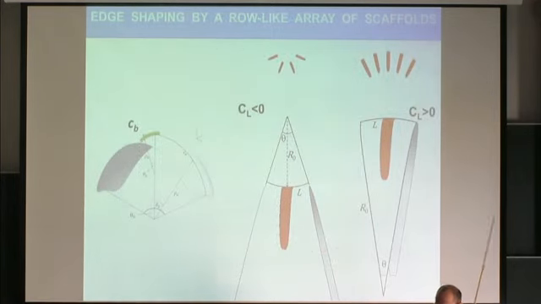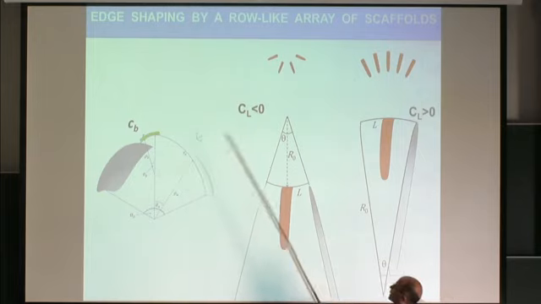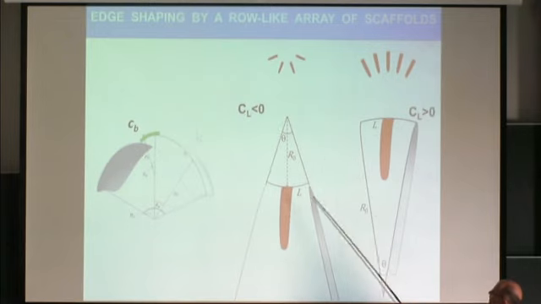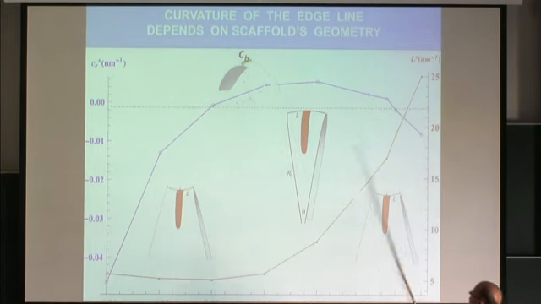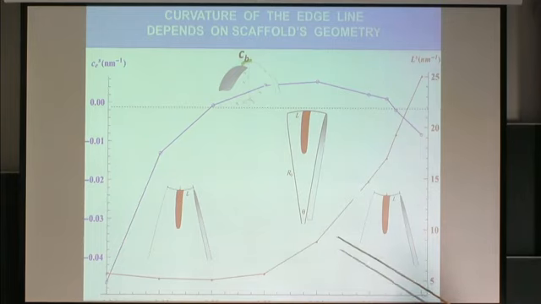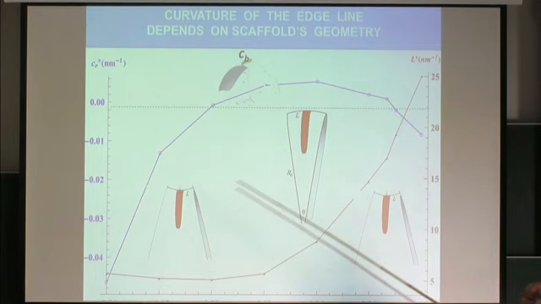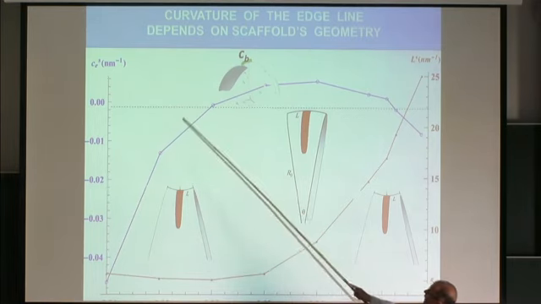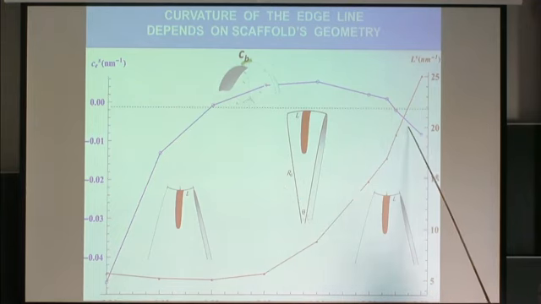And the second is, yes, I am talking 1 hour. I'm going. The second prediction was that depending on this transverse curvature, the distance between the particles is different, and also the curvature of the edge line is different. This is the transverse curvature of the arc, and this is the curvature of the edge line, and the curvature of the edge line can be positive or negative depending on the transverse curvature of the arc.